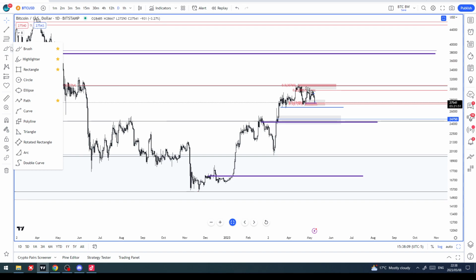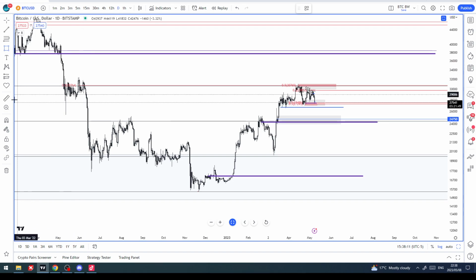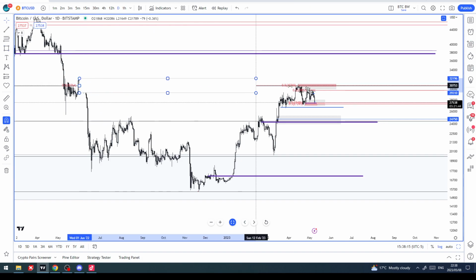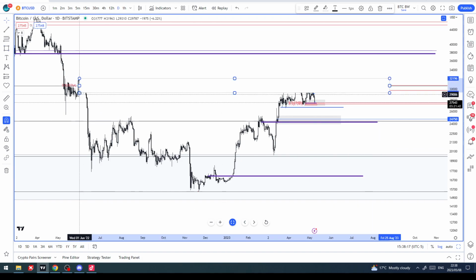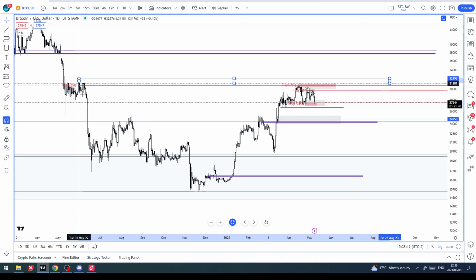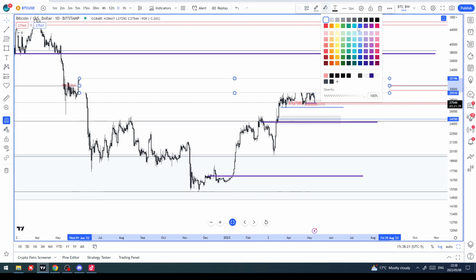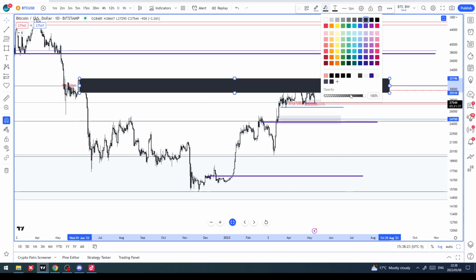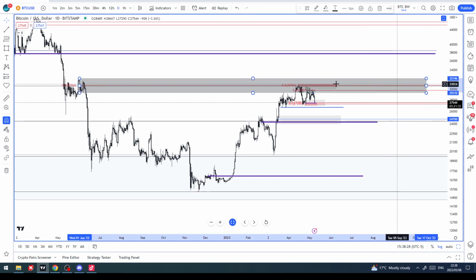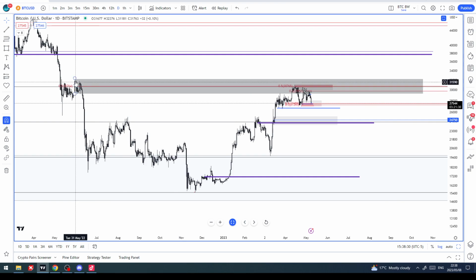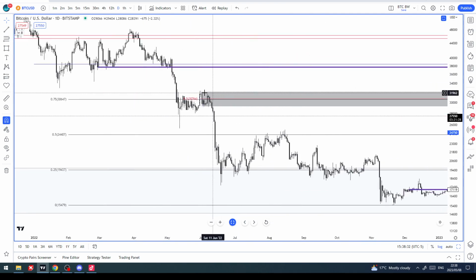Now, if we are on a daily time frame, there's a daily order block here. Let's see if we can get that one right. Okay, that's a daily order block, and then I think I want 50% of that.